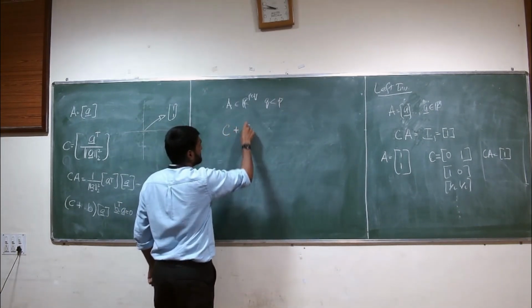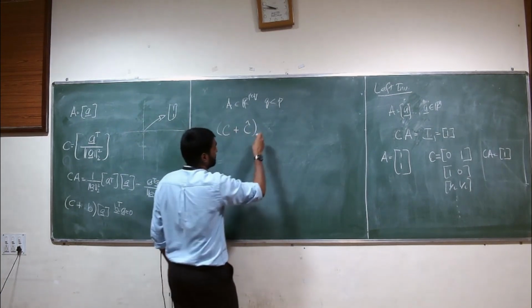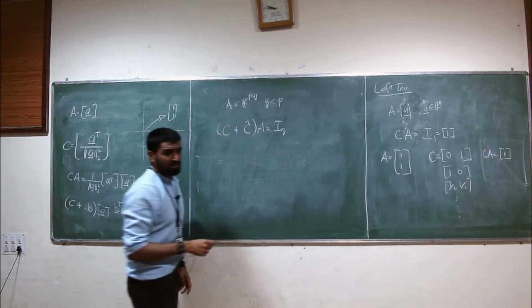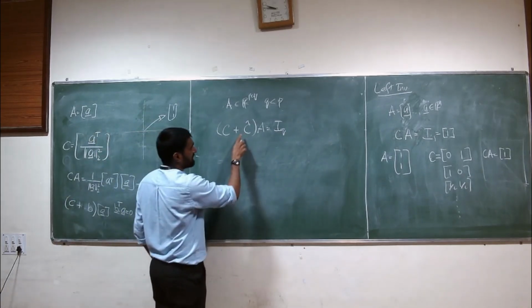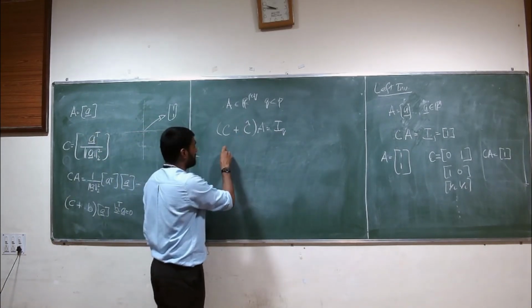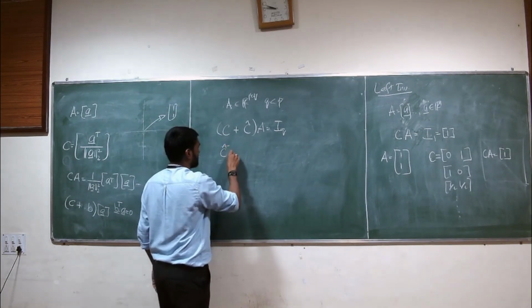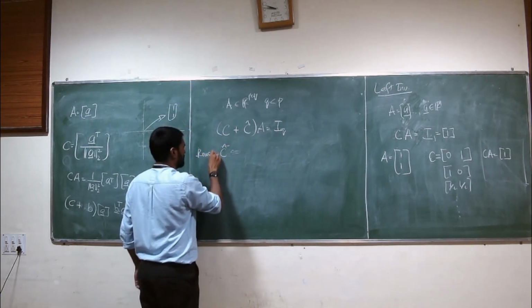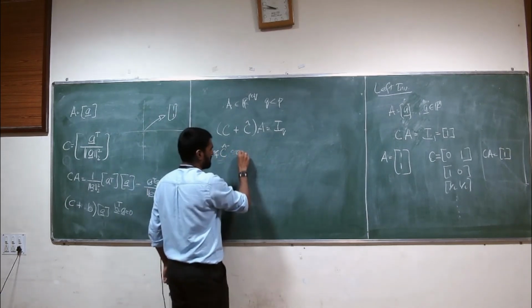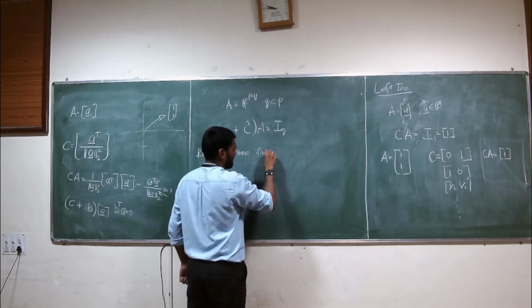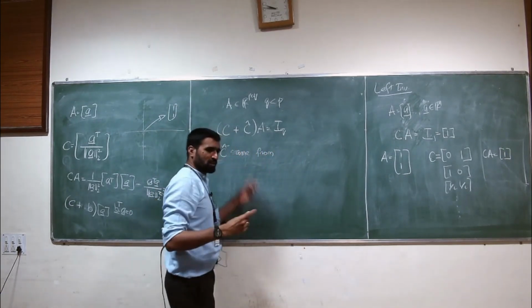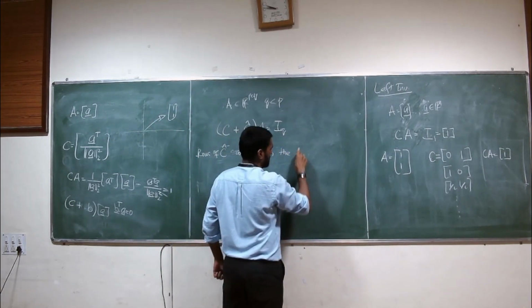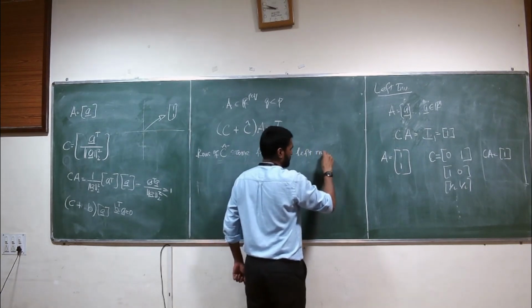C plus some C cap is a left inverse of A. It will give me I Q. Okay, and the rows of C cap come from the left null space.